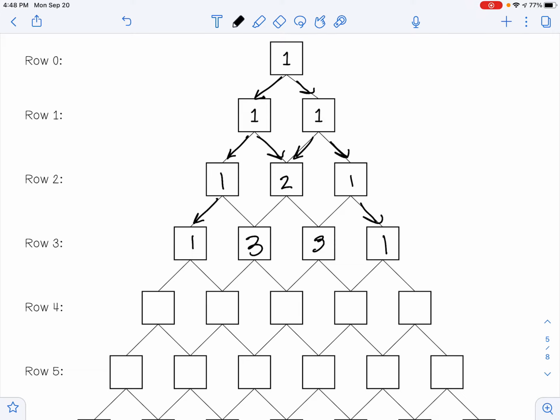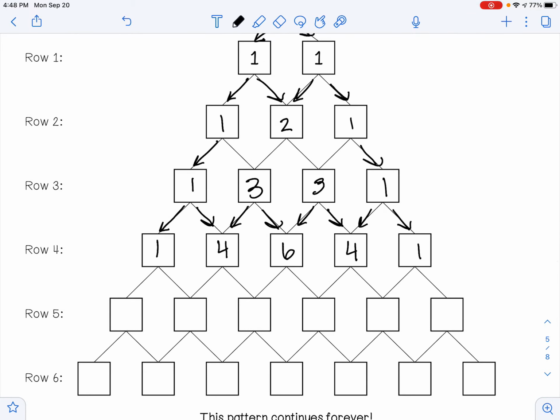So basically what you're doing is you're adding the 2 boxes above it to get the next one. So here, there's only 1 box. 1 plus 3 is 4. 3 plus 3 is 6. 3 plus 1 is 4. And there's only 1 box for this one.